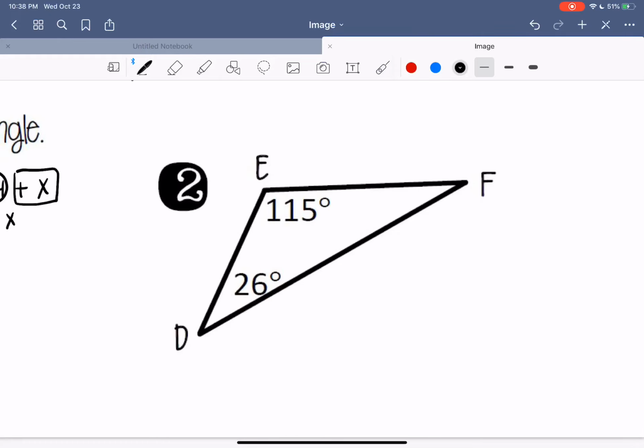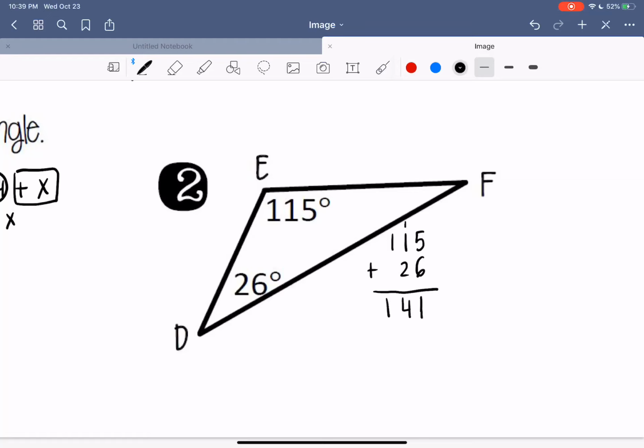Maybe in the past, yesterday, when you saw these, you thought, okay, I'm going to take my interior angles of 115, and I'm going to add that to 26. And then when I add this up, I'm going to get 11, 2 and 2 is 4, 141.